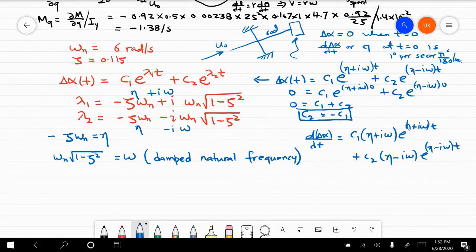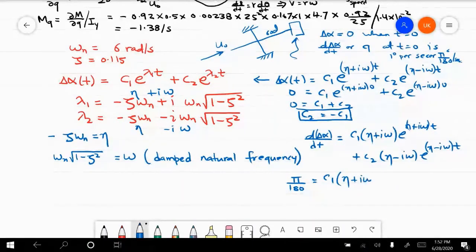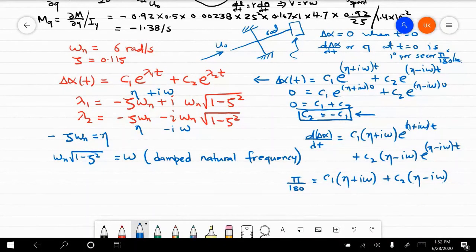So when time equals to 0, we know the speed. The speed is pi over 180 radians per second. So pi over 180 equals to, so t equals to 0, we have C1 (eta plus i omega) plus C2 (eta minus i omega).